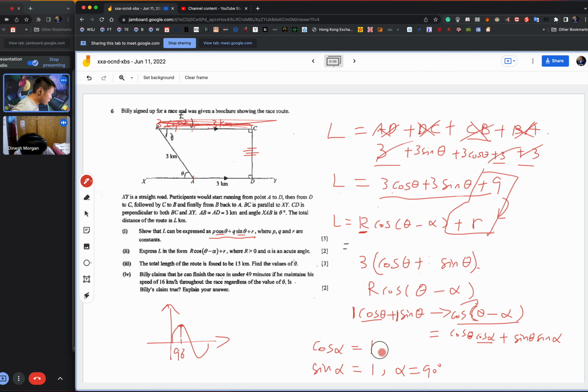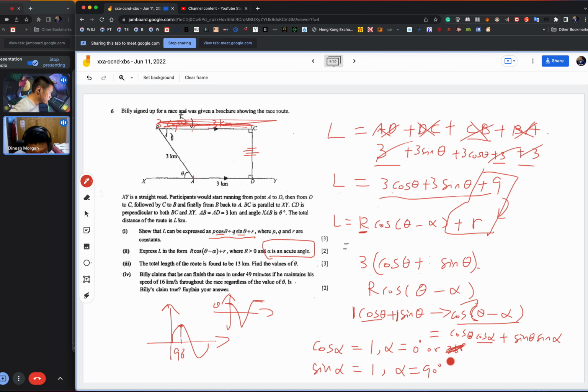Then for this alpha, for this curve to get 1, it is 0 and 360. So what they say here is that alpha is acute, so it's not 360.